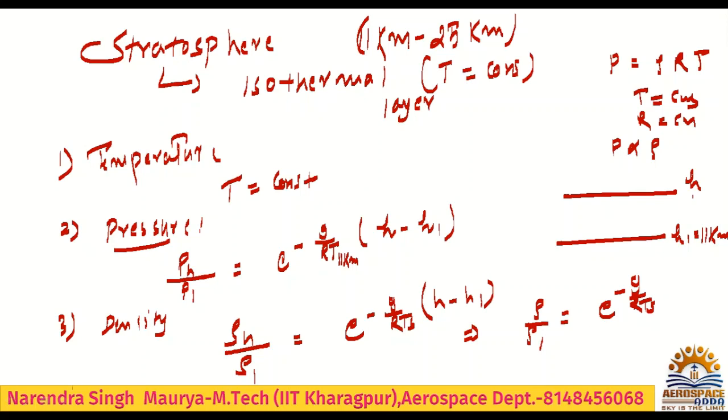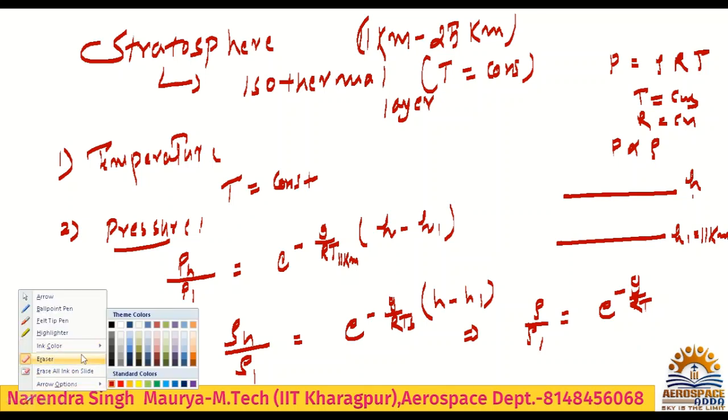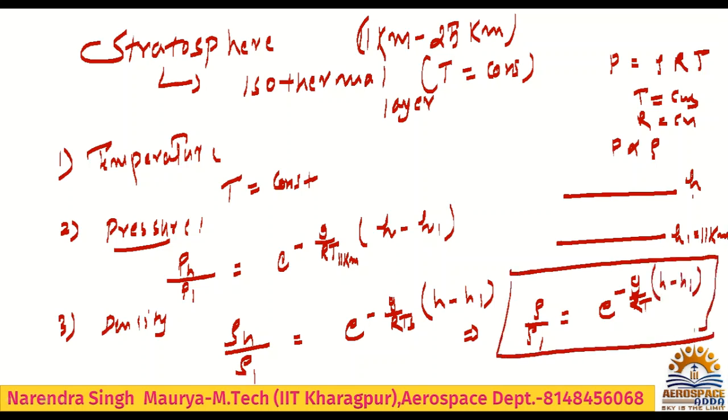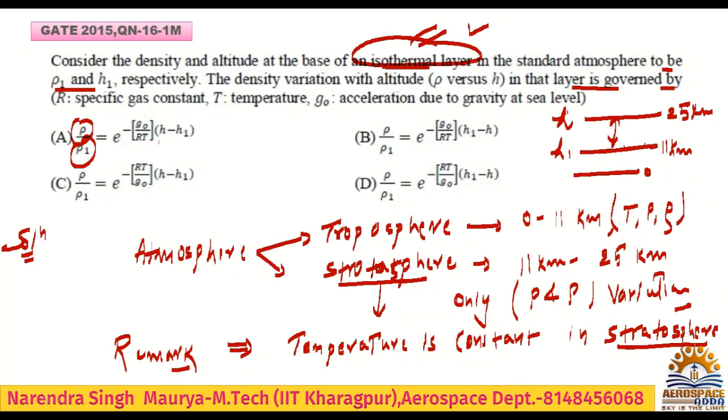In this option they have not given it, so you remove it, no problem. So check, this is your answer. Which option is correct? Option 1, the first one is correct: rho by rho 1 equals e to power g naught by RT, h minus h1. That's all.